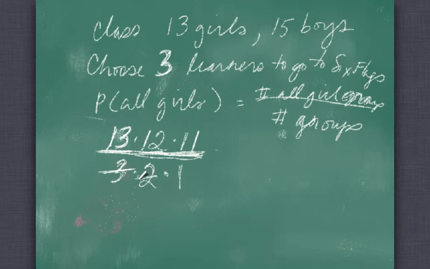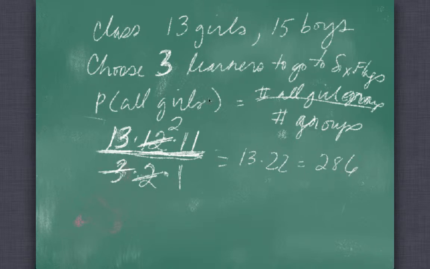I'm going to mark out the 3 and the 2 and make this 12 a 2 because they're actually both in it. So we've got 13 times 22, which is 286, I think.